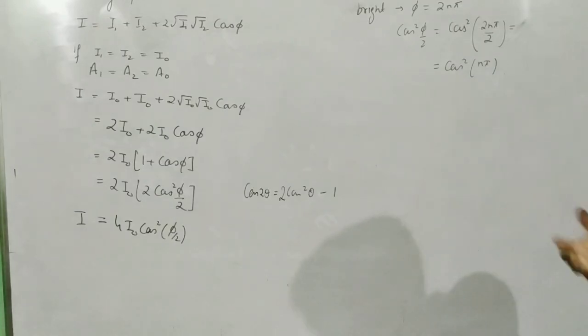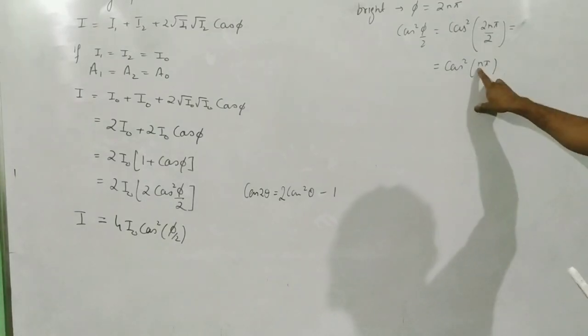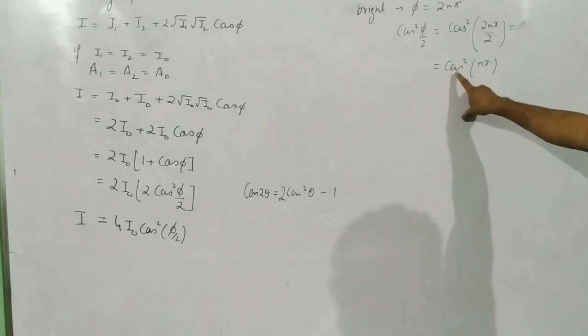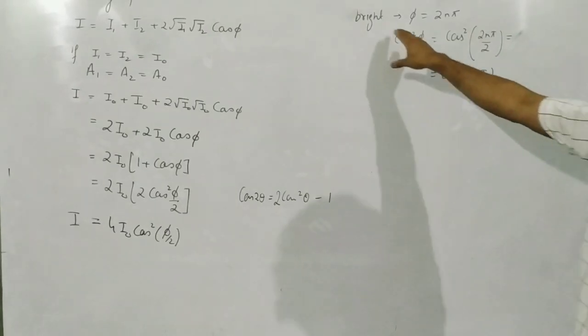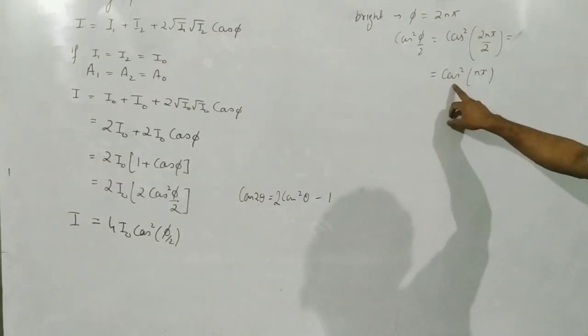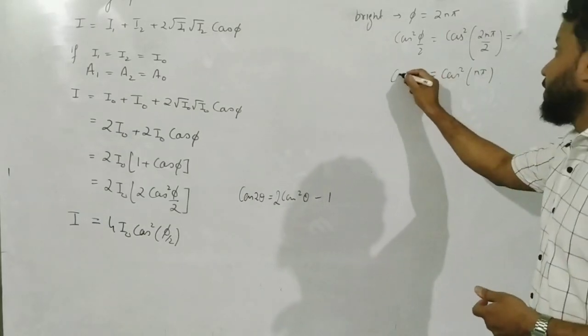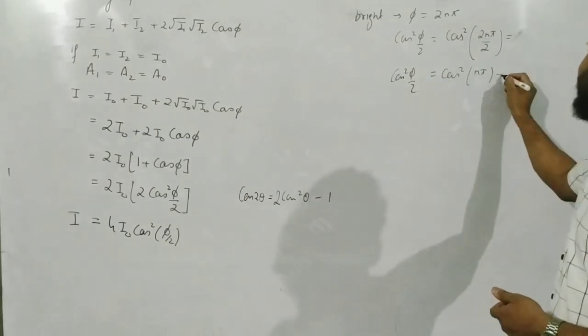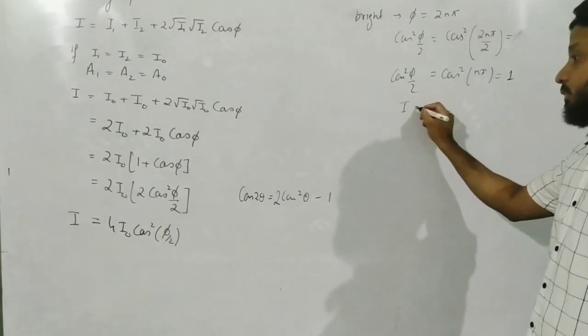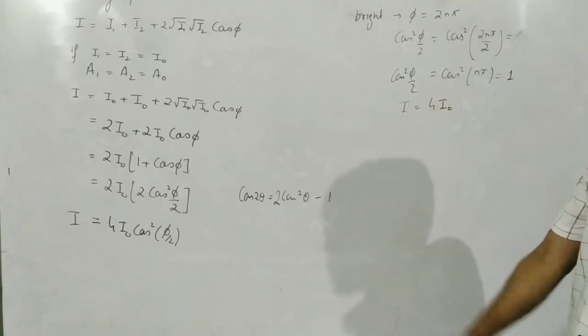Now for the first bright, n is equal to 1, so cos square pi. For any value of n, when you put the condition of bright as 2 n pi, the cos square function will always be equal to 1. And when you put that in the formula, the intensity will always be 4 I naught.